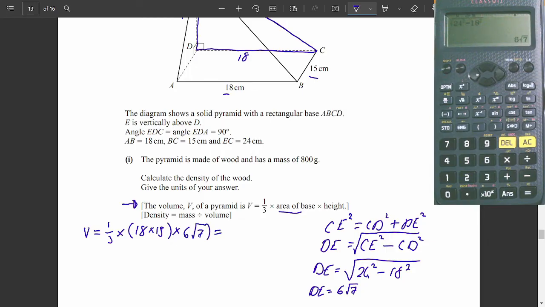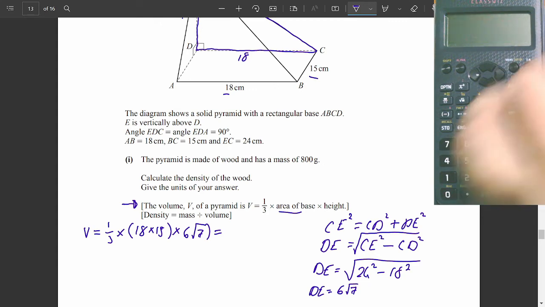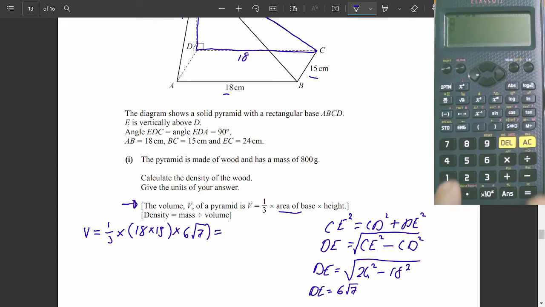So that means now we can work out the volume of that shape. It's a third times 18 times 15, the area of the base, times 6 square root 7 equals. I wish we could have written that in surd form, but that's not possible. So it's 1428.